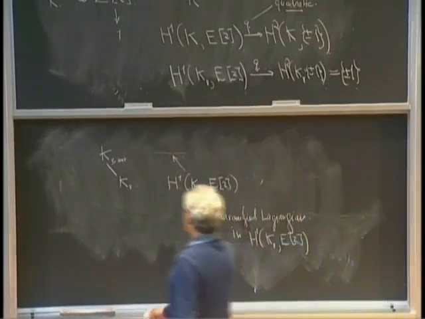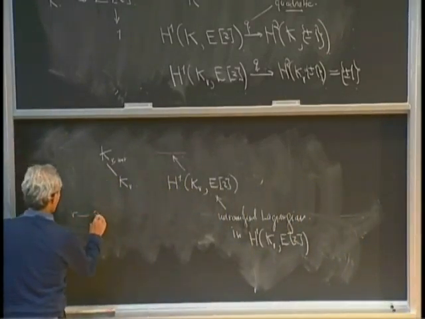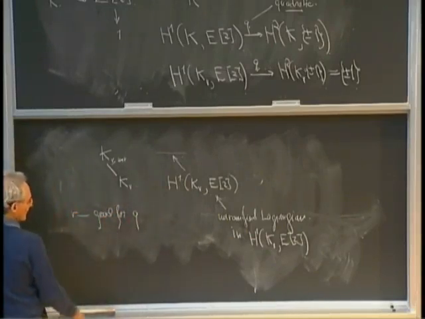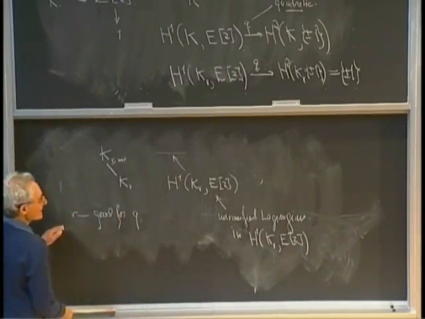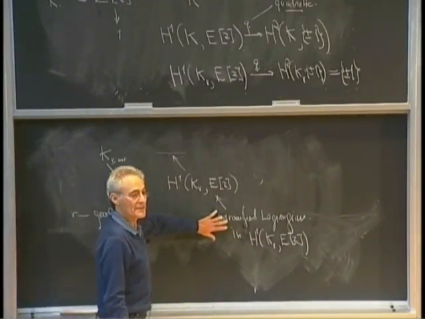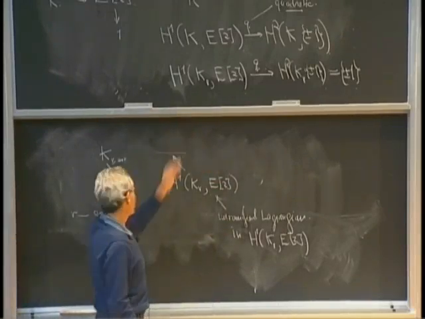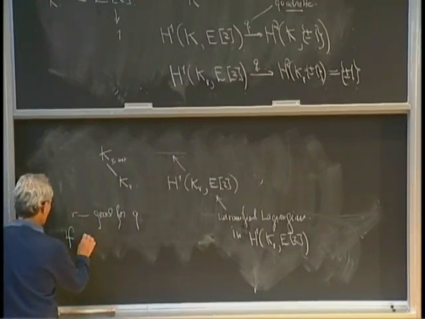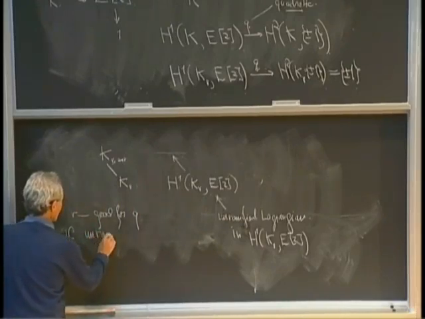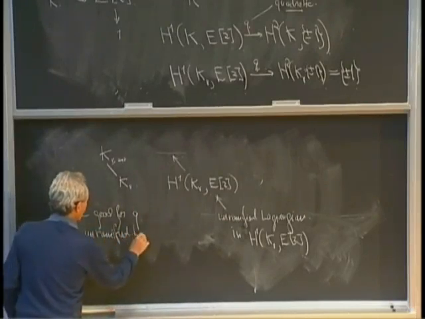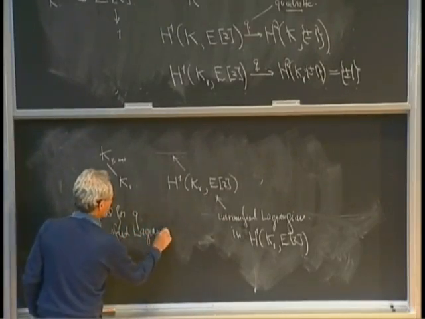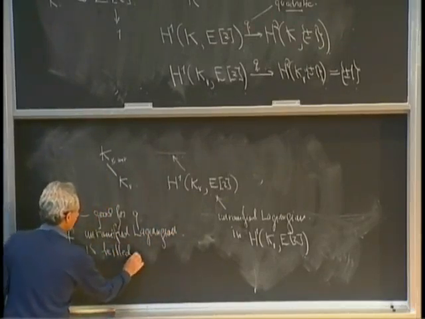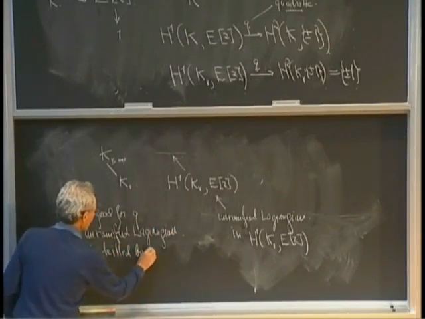And we'll say that v is good for Q if the unramified Lagrangian is a maximal linear subspace in the quadric determined by Q, if the unramified Lagrangian is killed by Q_v.